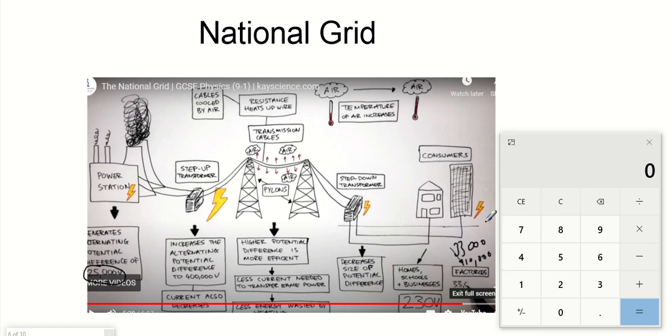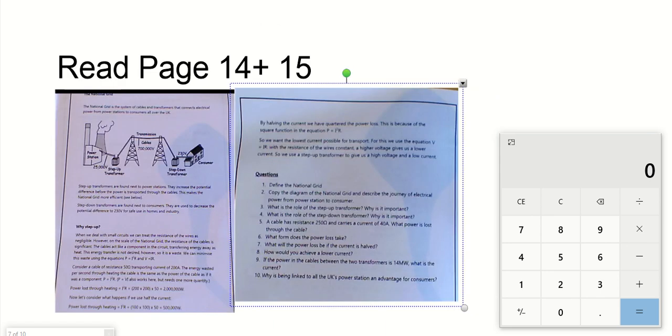There's a couple of different voltages, or alternating potential difference, that our factories can have, but for our homes it's 230 volts. So what we need to do now is turn to pages 14 and 15, and I'll give you 5 more minutes in your books to read those pages before you do the questions.